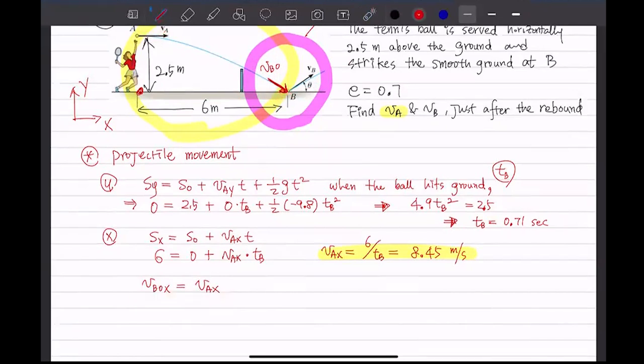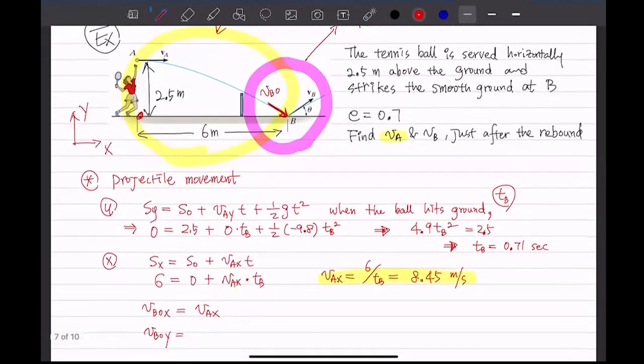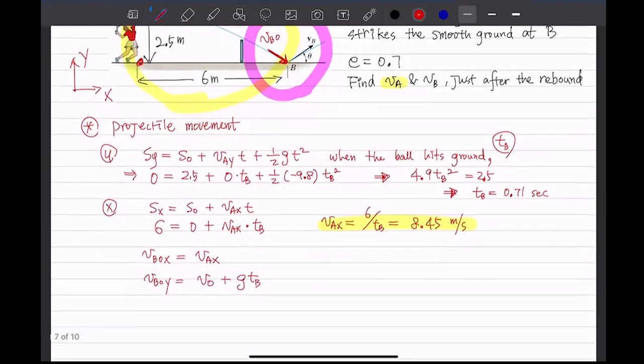And VBOY, it's going to be V naught plus G of T. It's going to be something like that, right? And V naught is 0.